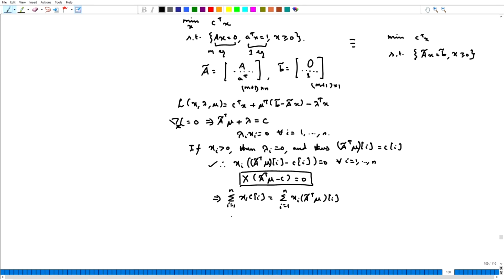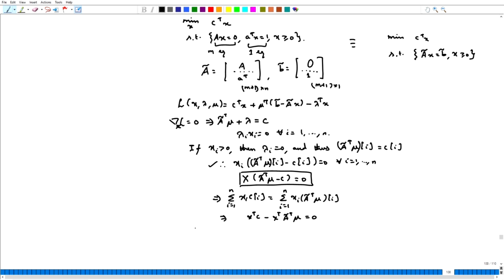And this is C transpose x, and to write the other as a matrix, I can write this as x transpose into A tilde transpose mu, because A tilde transpose mu is n cross 1. Or I will write this better as x transpose C equal to 0. That is exactly what I am going to check.